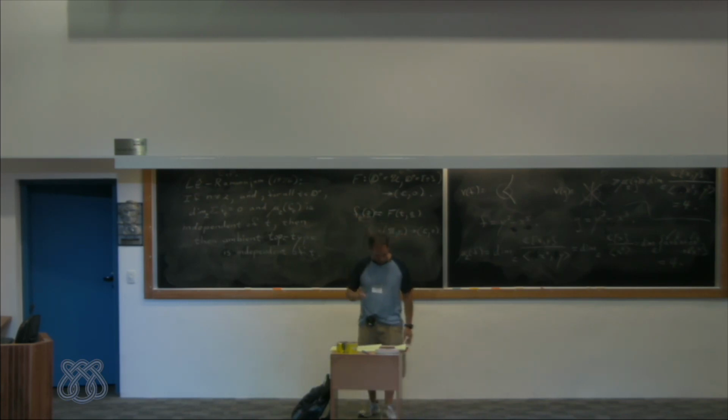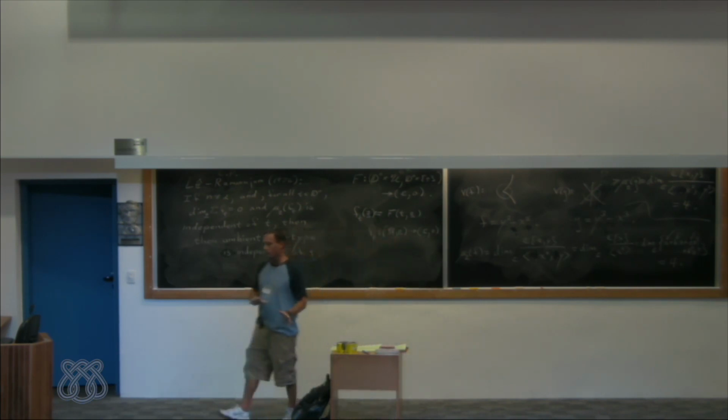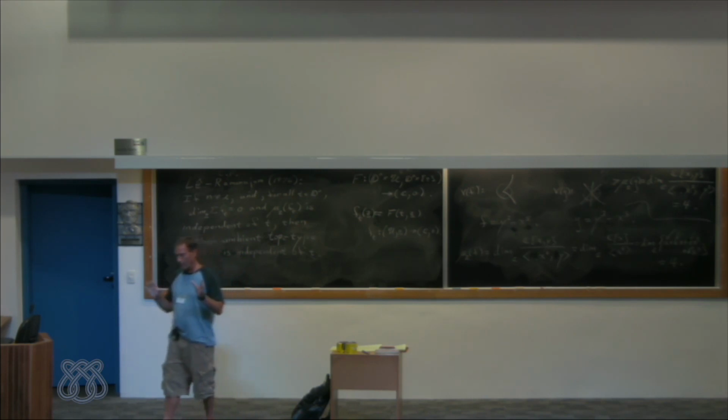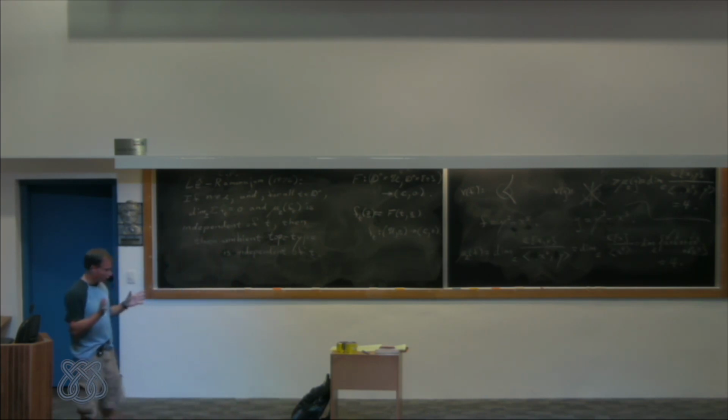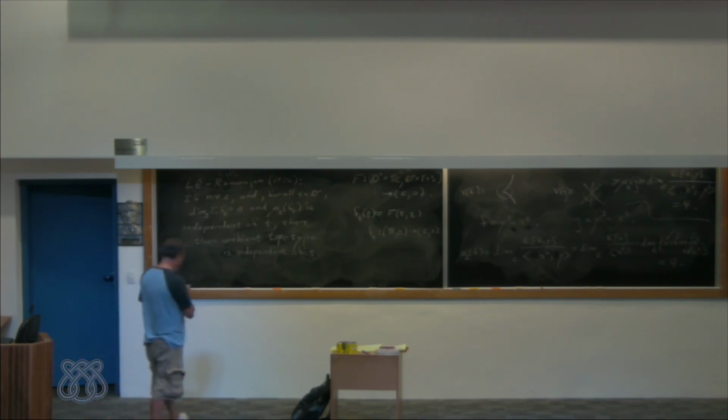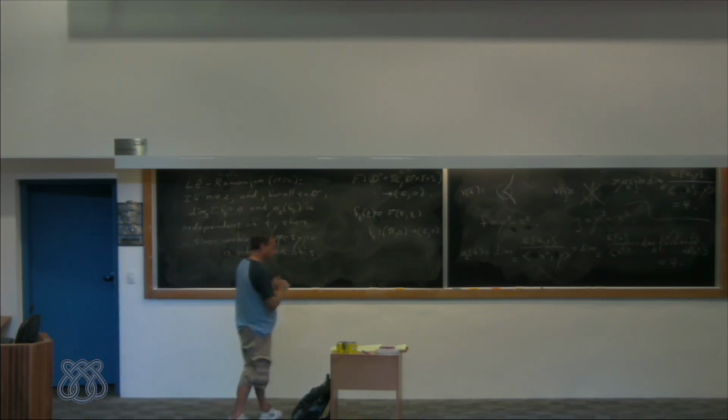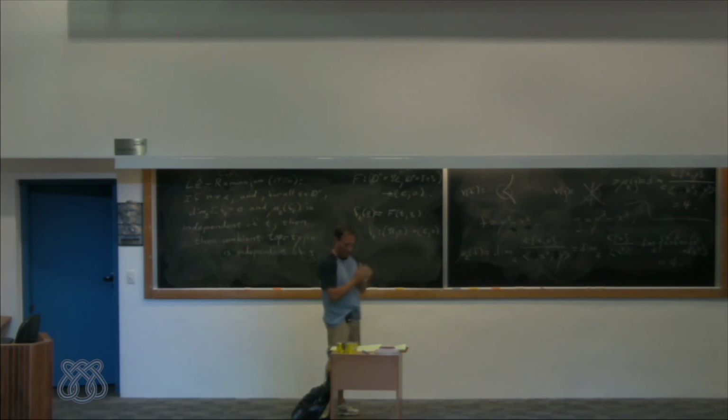But before I do that, I want to tell you some Morse theory, because a lot of the proofs in Milnor's book use Morse theory, and there's another theorem of Lê's that's crucial to the whole story, and I would like to at least give you a hint as to how it's proved.